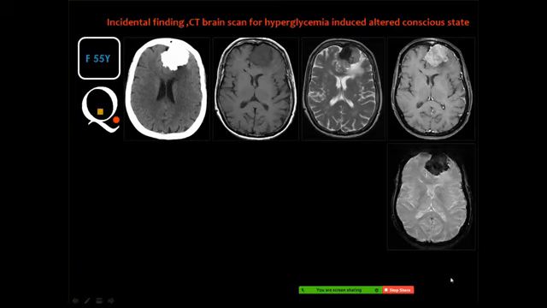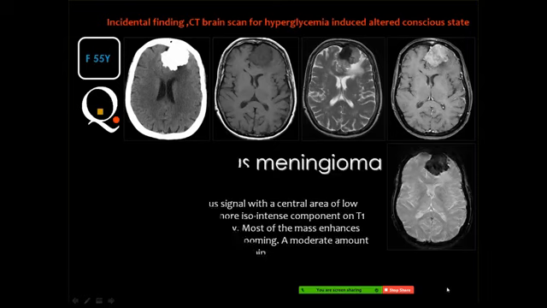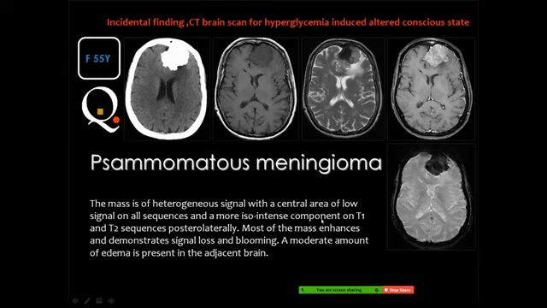Yes. Meningioma. Yes, and this is a densely calcified meningioma in the CT scan, but it shows contrast enhancement on MRI, and this is known as psammomatous meningioma, where there is little interstitial space, and the meningioma is totally formed of condensed cells, and that's why this meningioma in particular will show intermediate signal in both T1 and T2 weighted images.